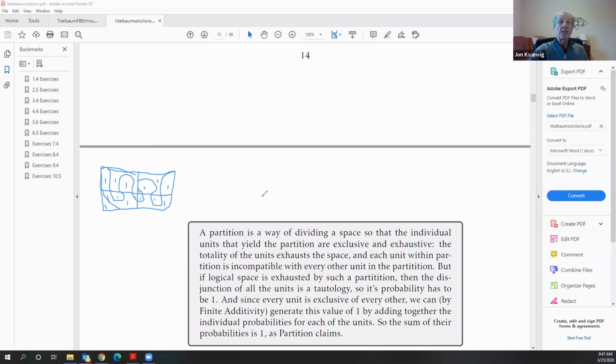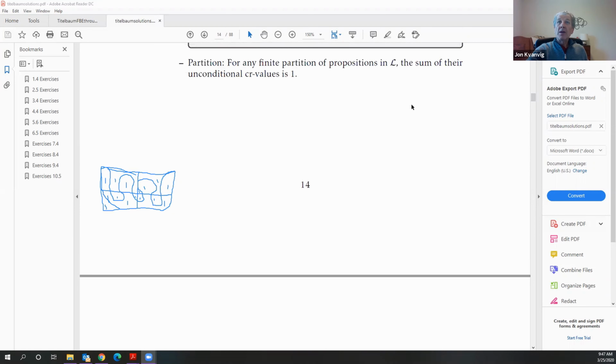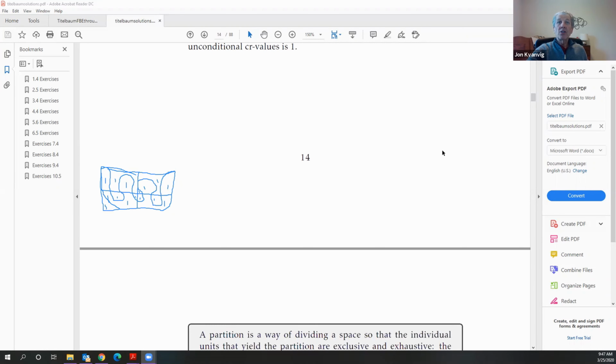Okay, this is a partition of 15 compartments. And notice none of the compartments overlap and they all exhaust the logical space in question. So what we're supposed to prove here is that latter fact, that the partitions sum in their unconditional credence values to 1.